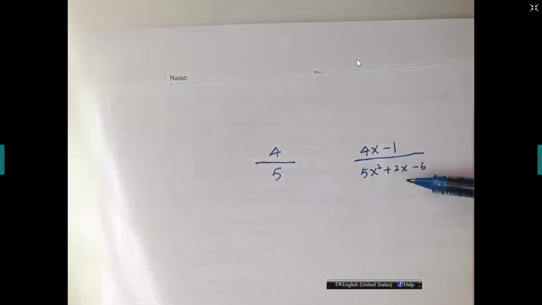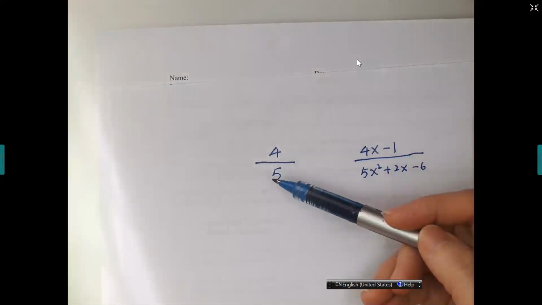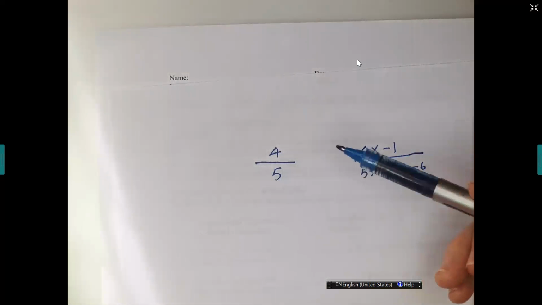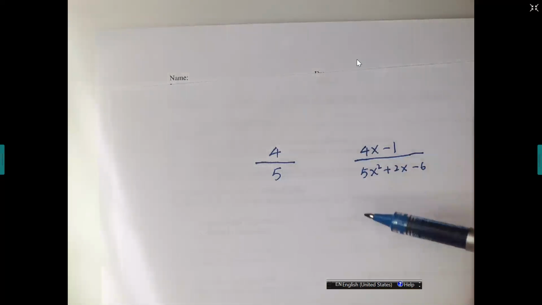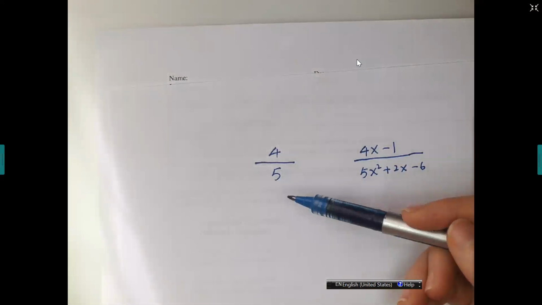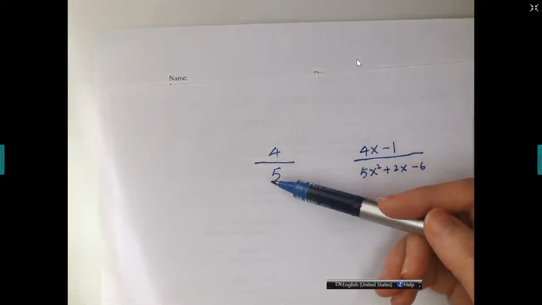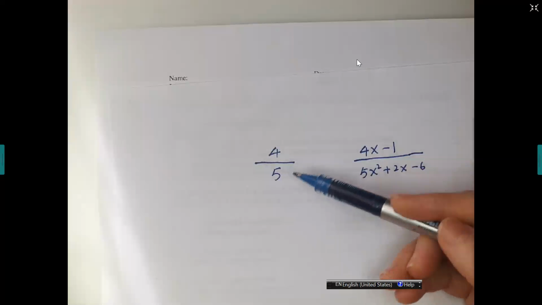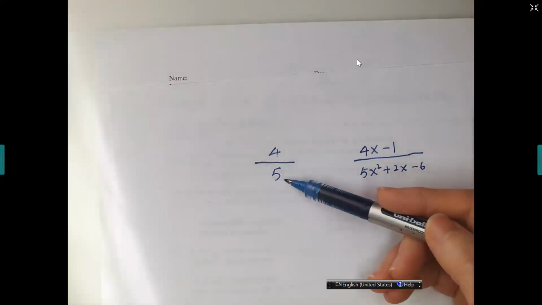The rational expression always has a numerator and denominator. And the fraction number is actually a special rational expression. What we have learned before, all the math rules can be applied on the fraction number.